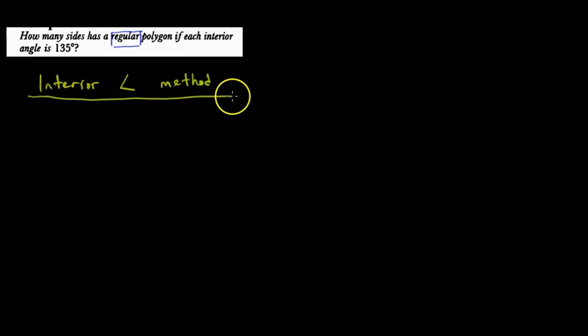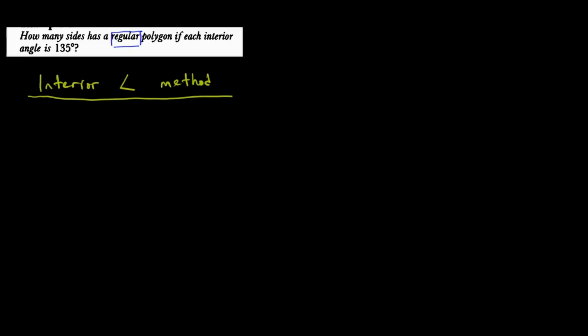Okay. So what's happening here is this. Let us use the interior angle method and then the exterior angle method. So I'm giving you both. I want you to learn them both, but I also want you to have this acknowledgement of which one is easier for you.